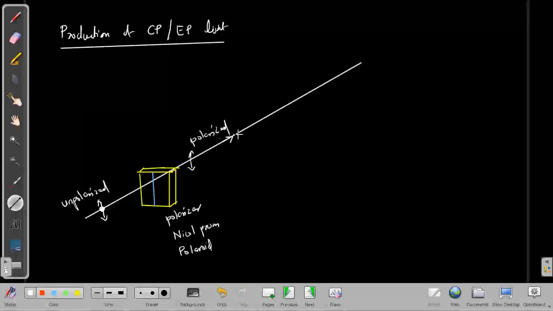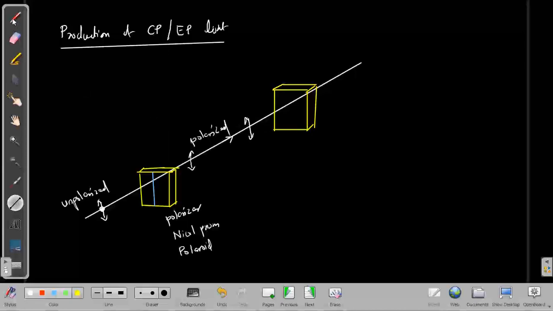Since it has passed through a polarizer, we already got a linearly polarized light. Now we are passing this linearly polarized light through a quarter wave plate. Now the quarter wave plate can produce two lights, an ordinary light and an extraordinary light, and there can be a path difference of lambda by 4 between them.